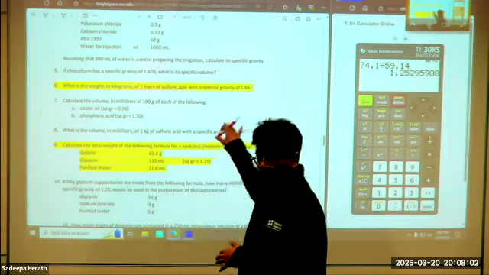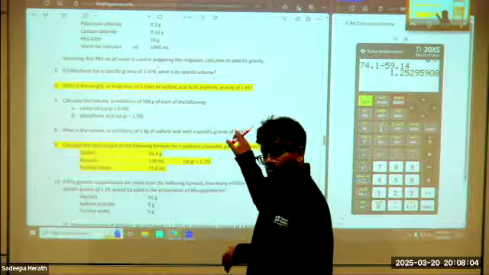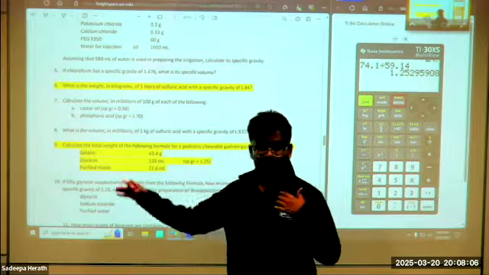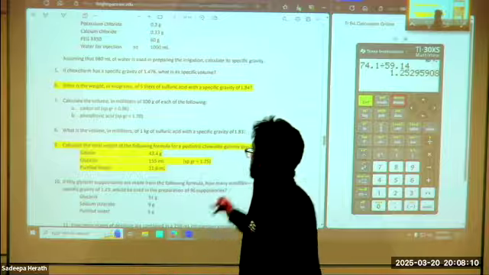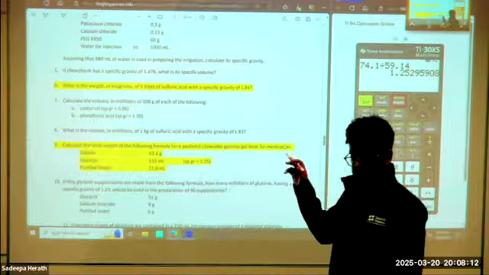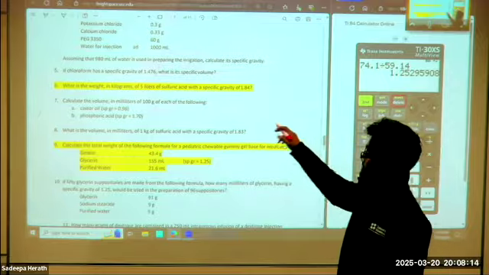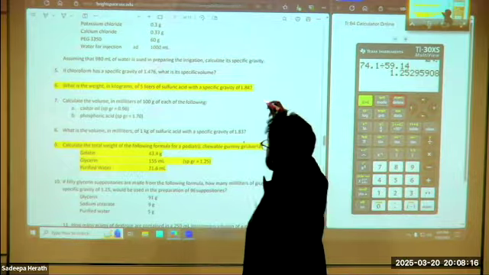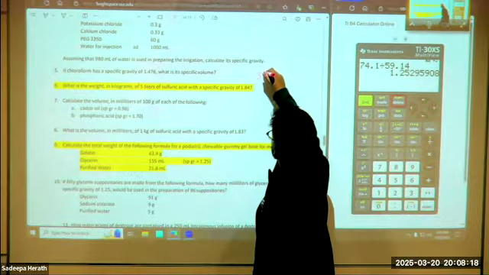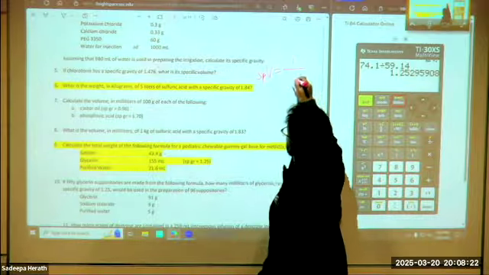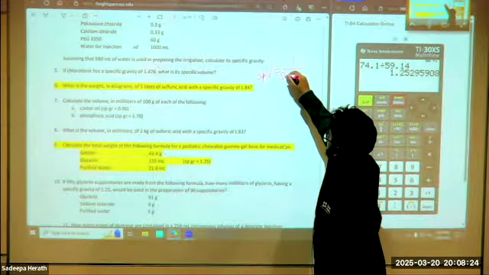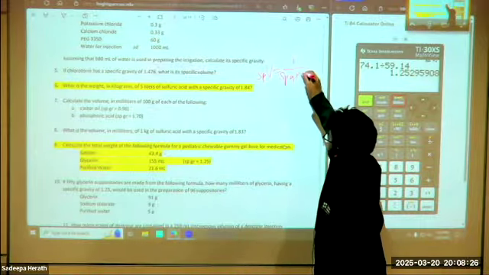So 200 ml of alcohol over 100 ml of water. It's the same idea as specific gravity, but just volume now. The cool thing about converting from specific gravity to specific volume is SPV equals 1 over specific gravity.